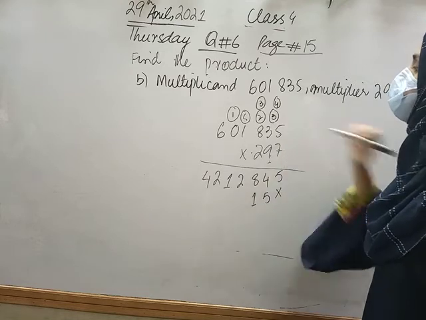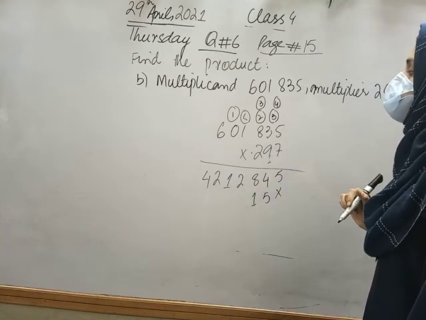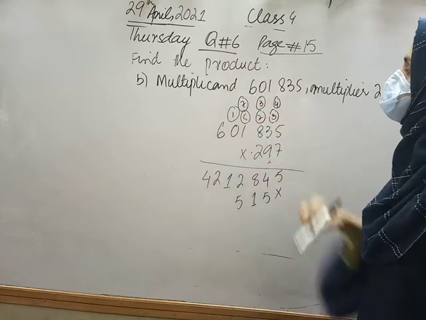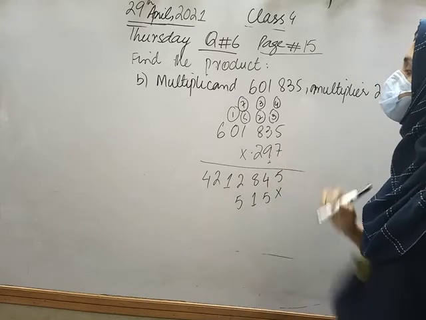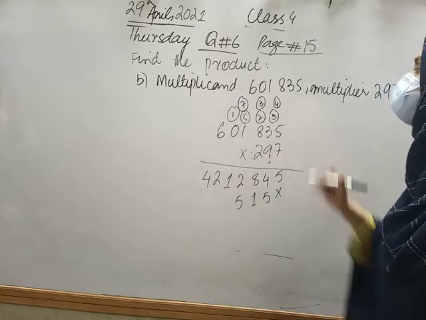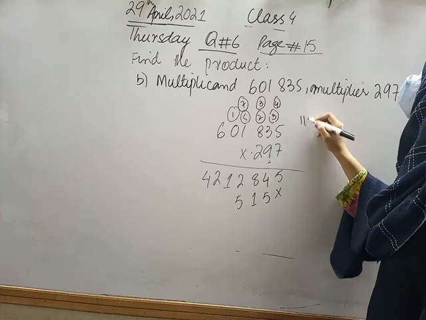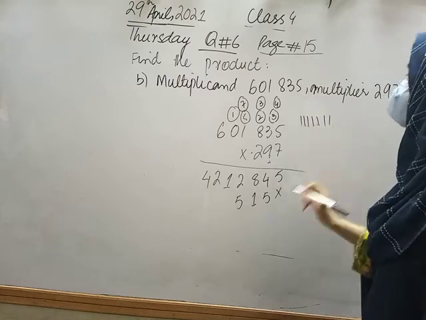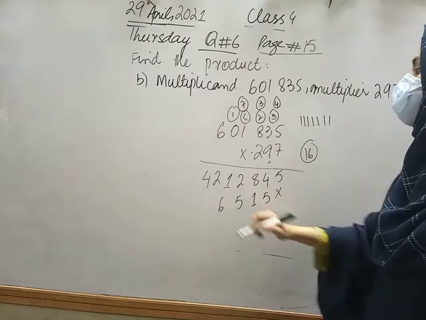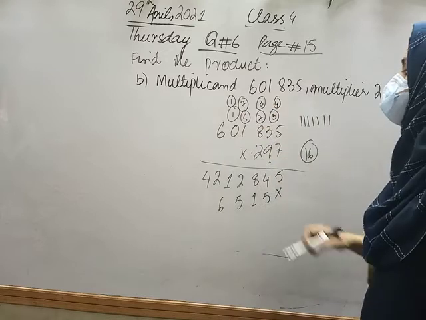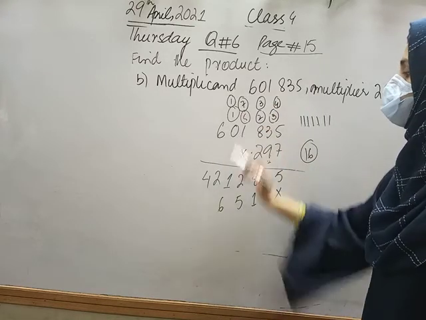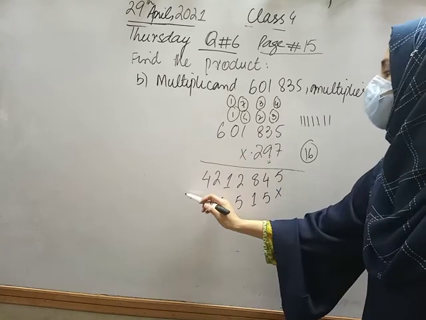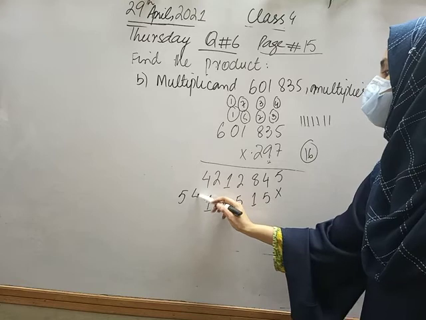Fine. 9 8 times is 72, 72 plus 3 is 75, 7 carry. Fine. 9 1 times 9, and 9 plus 7 gives 16. It is a 2 digit number, so I will write 6 here and 1 as a carry. 9 0 times 0 and 1 as it is. Fine. 9 6 times 54.